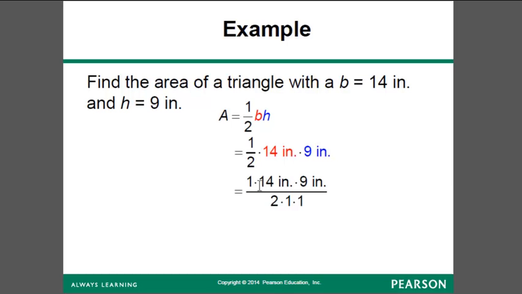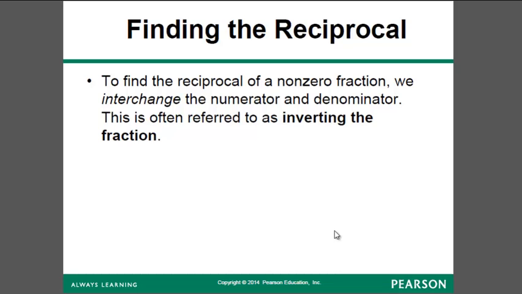I want to simplify the 14, factor it out a little bit, into 2 times 7. This way I can notice that my 2's will cancel out. And I'm now left with 1 times 7 times 9 inches times inches, which will leave me with 63 inches squared.